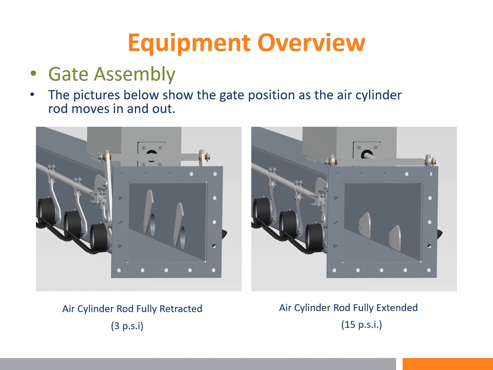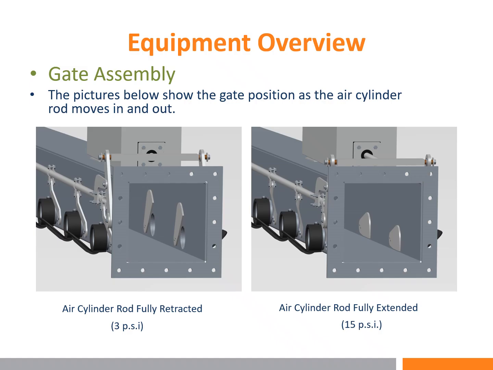So the picture on the left shows the air cylinder rod fully retracted, which would be the position of the rod if it's receiving a signal from the air control panel at 3 psi. So the linkages will affect the gate position.